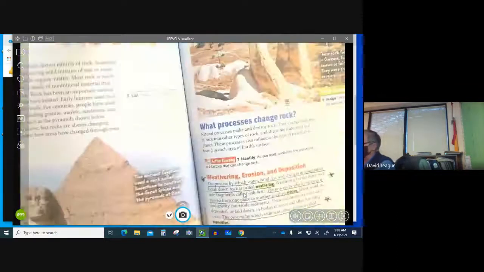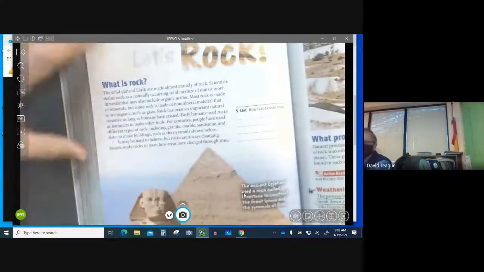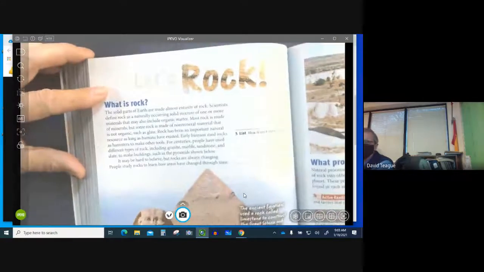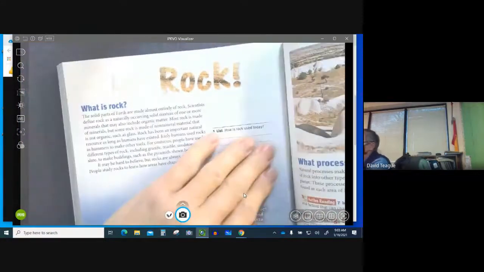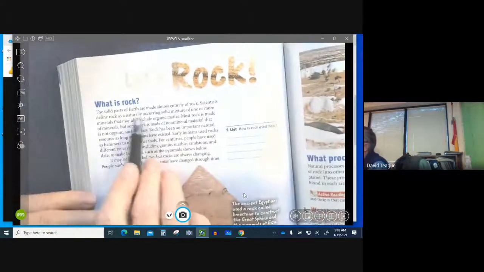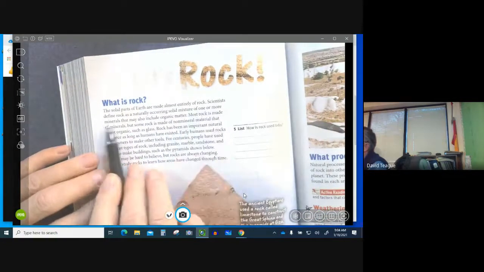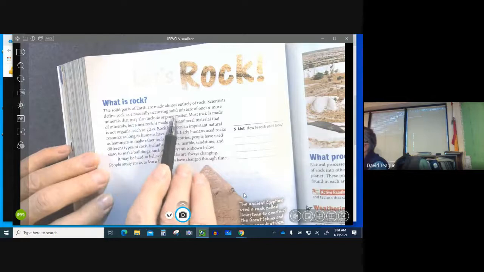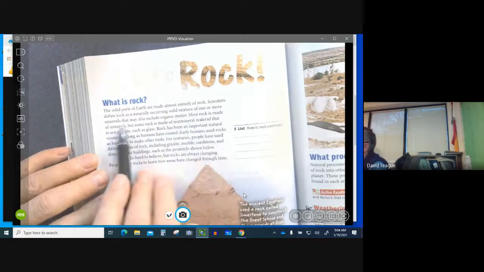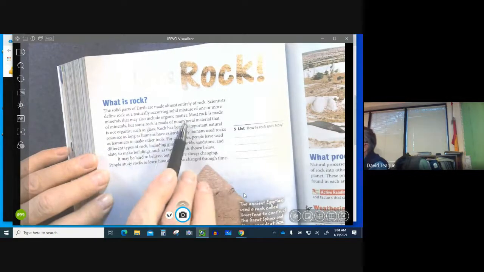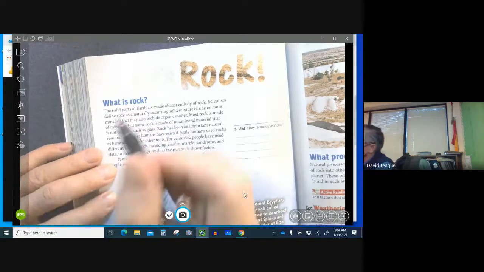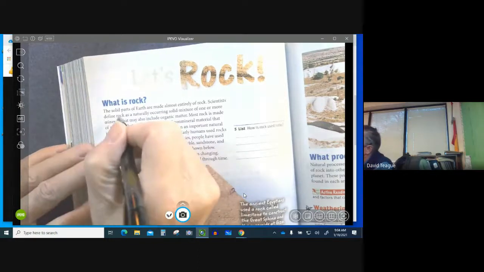Okay. Let's turn the page, page 368. It says, let's rock. What is rock? The solid parts of the earth are made almost entirely of rock. Scientists define rock as a naturally occurring solid mixture of one or more minerals that may also include organic matter. Maybe that's something we should underline.